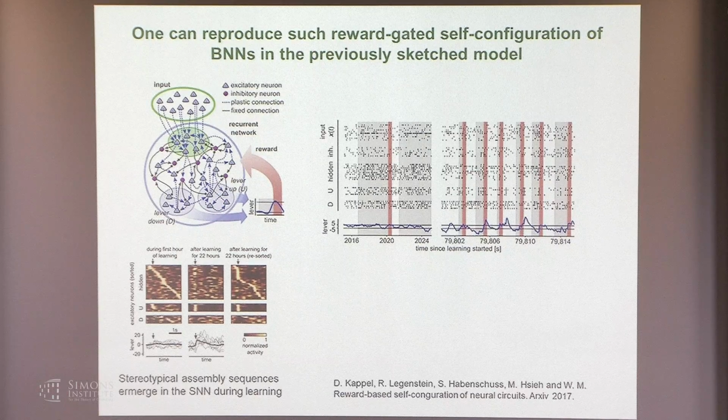You can simply take an off-the-shelf network based on data from the Allen Institute. And here, the only thing that was putting structure into this was the learning rule, the one reward-based learning rule which I sketched here. So we try to mimic, in a simple network model, somewhat similar learning tasks.